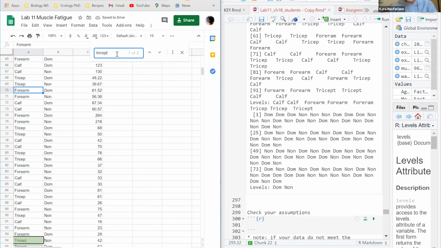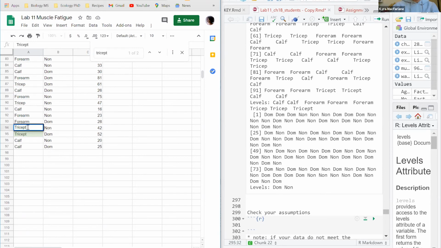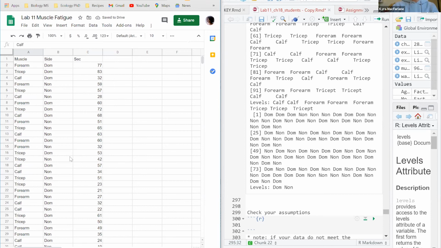Tricep. Okay, so those typos were hopefully fixed.